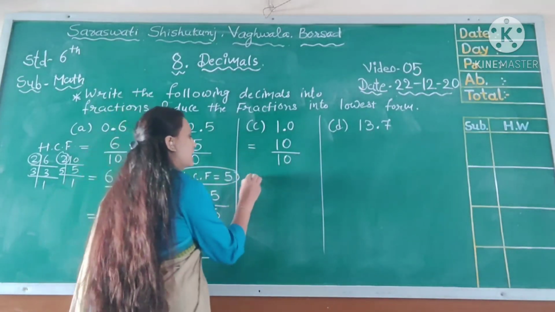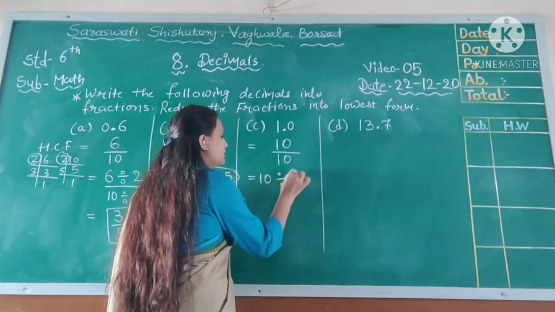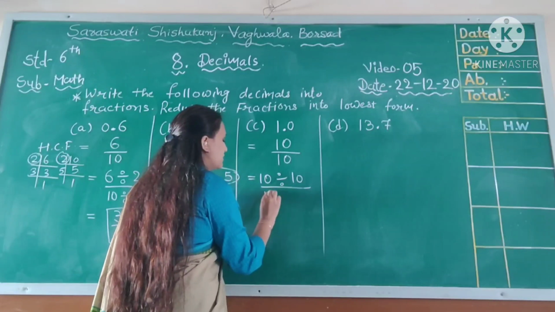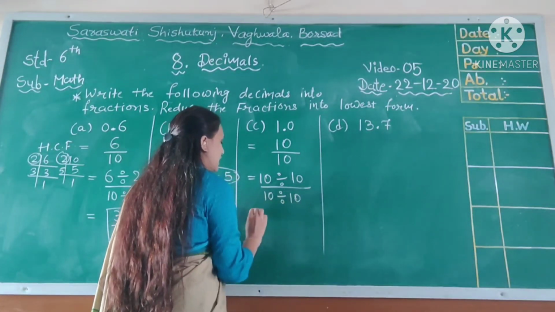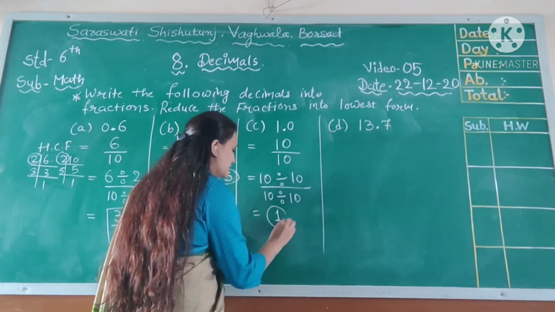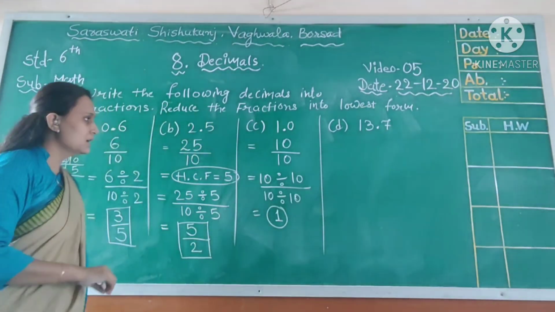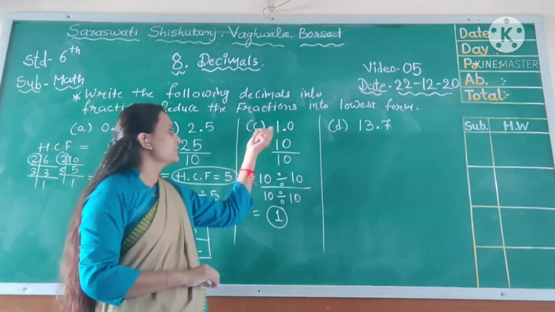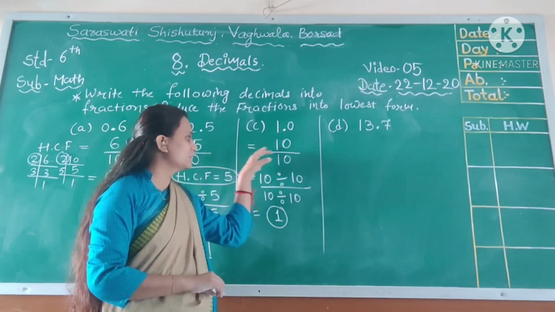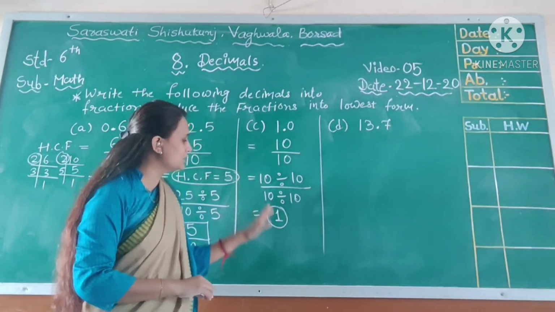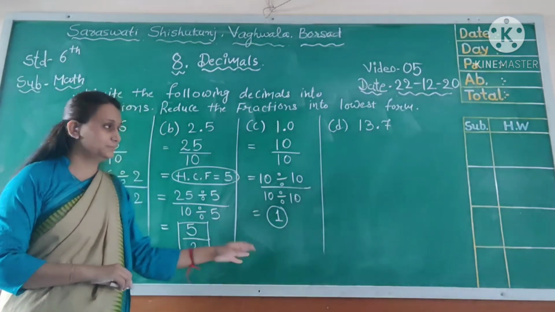So if you divide 10 by 10 as well as 10 by 10, 10 ones are 10. So the answer is 1. Okay. So we first converted the decimal into a fraction, and the lowest form of 10 upon 10 is equal to 1.